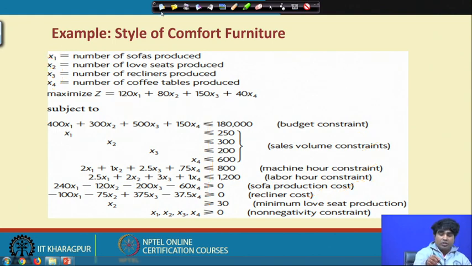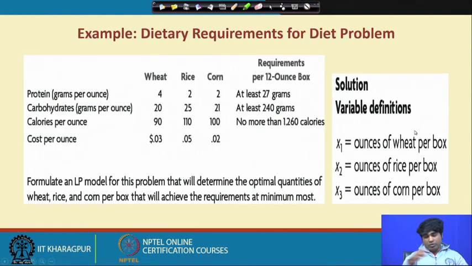And accordingly, if you proceed, I can give you more such examples where the situation is inconsistent, where some constraints are less than type and some are greater than type.